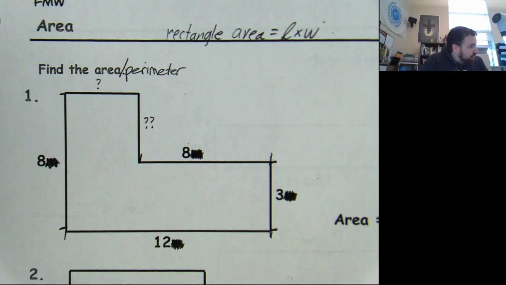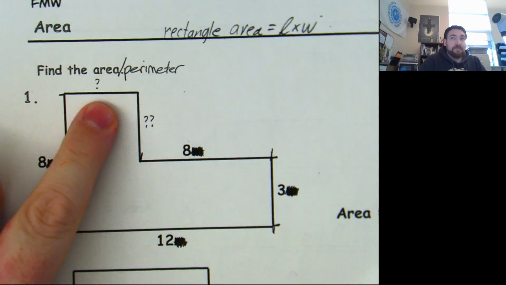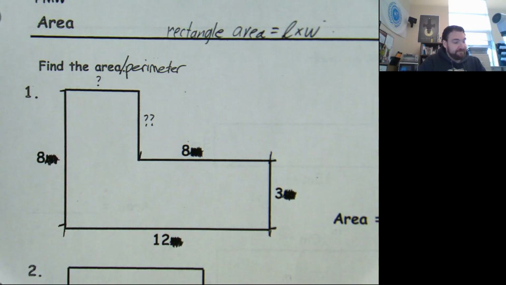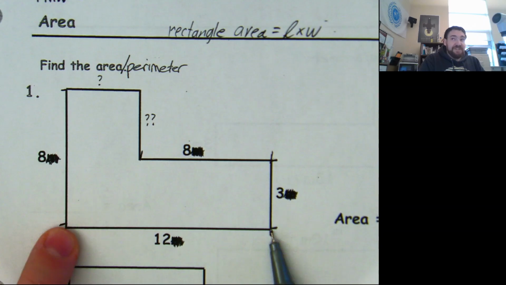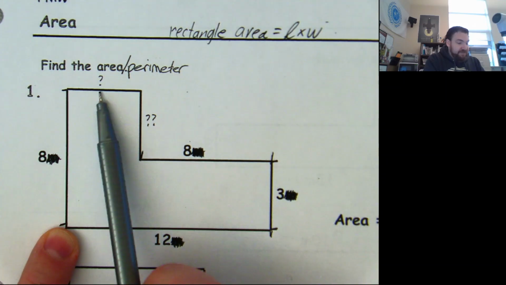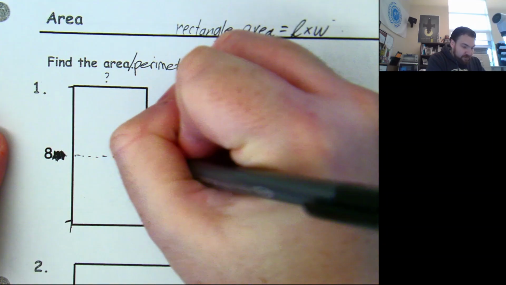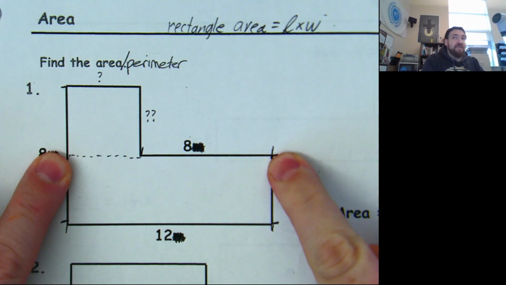Yes, Rashawn. Why 12 minus 8? So 12 is the distance from here to here. This piece. So what you're saying is that this distance here, from here to here, should also be 12?